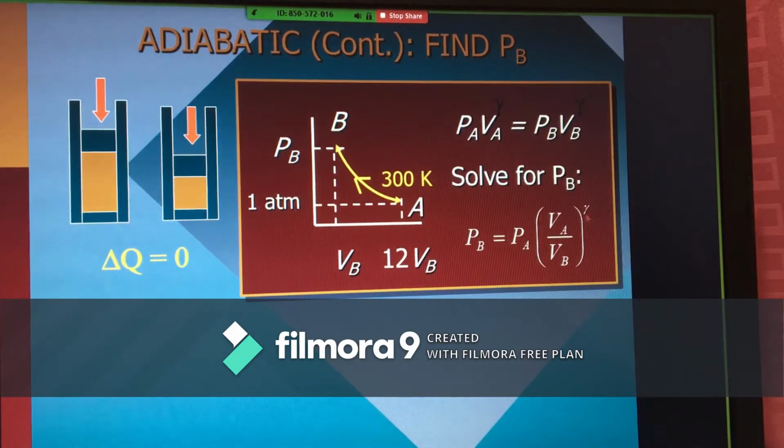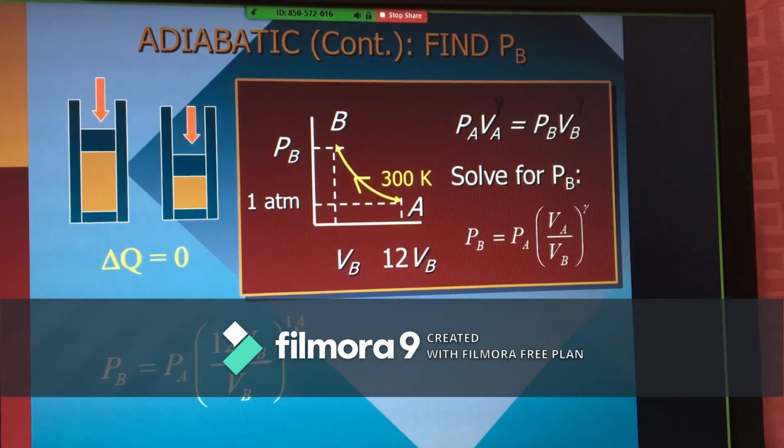Okay, then substituting the given, PB therefore is equal to PA. We know that VA is equal to 12 VB. That is given in the problem, class. Okay, so you have VB in the numerator, meron kang VB sa denominator, so that cancels out, or that is equal to 1. So what is left? That is 12 raised to a power 1.4.